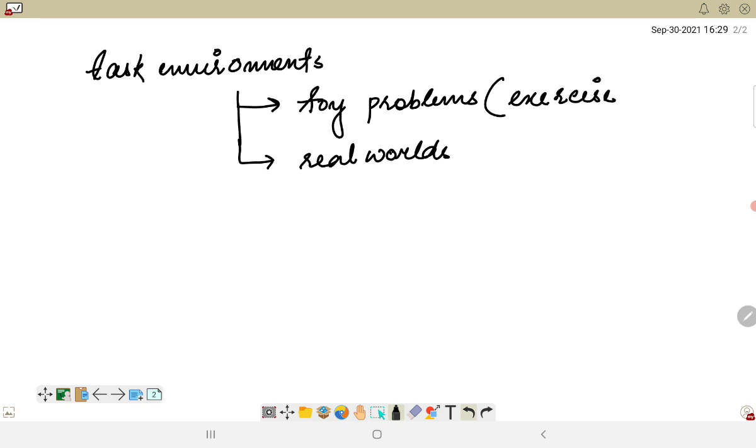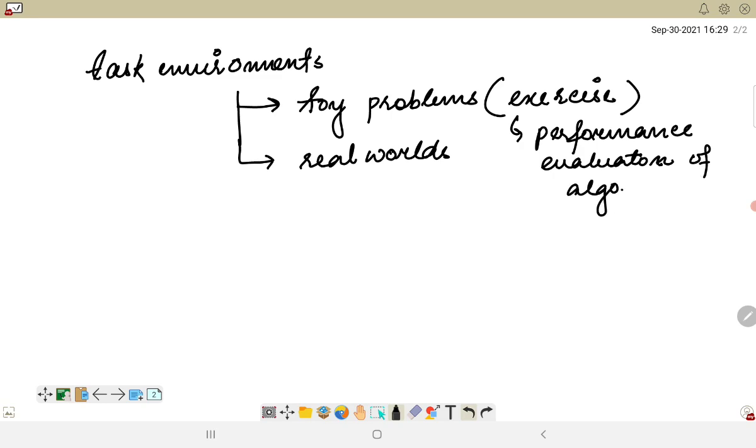It will help you exercise the various problem solving agents, and it can give a very concise and exact description. If we want to do performance evaluation of algorithms, we can go ahead with this category of problems.